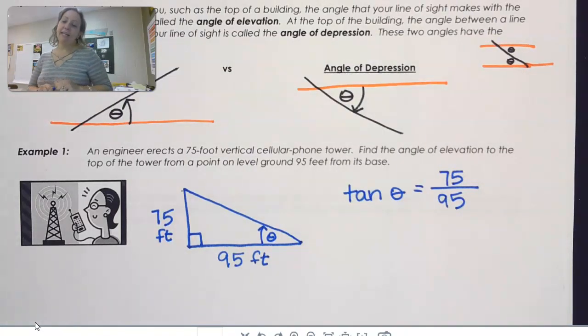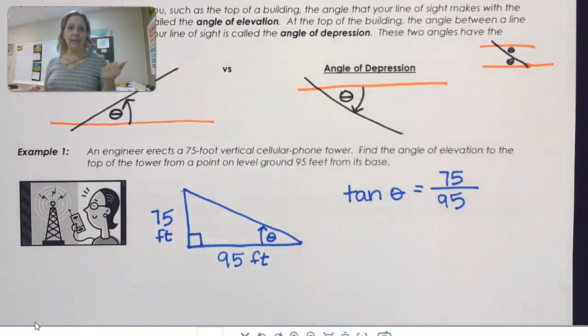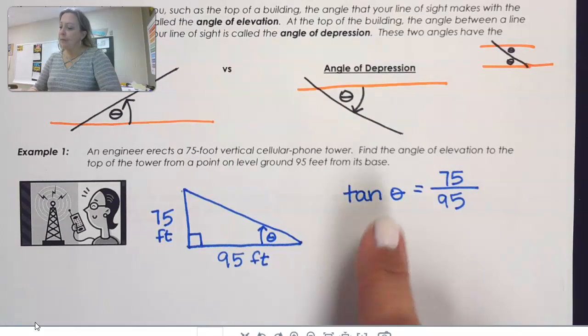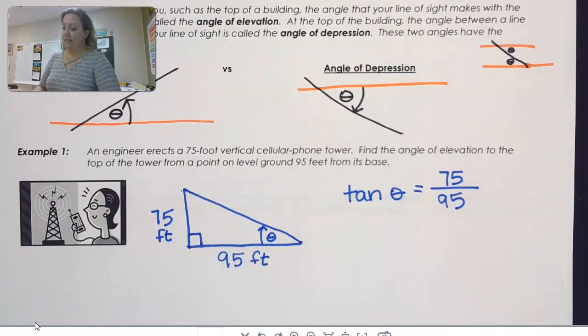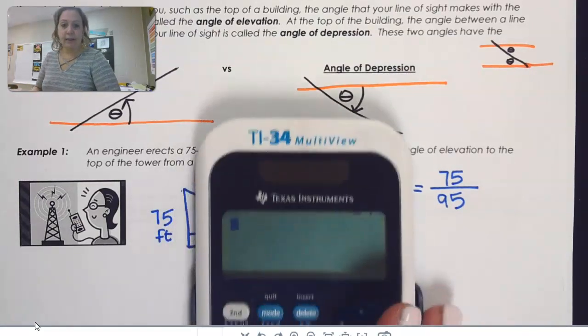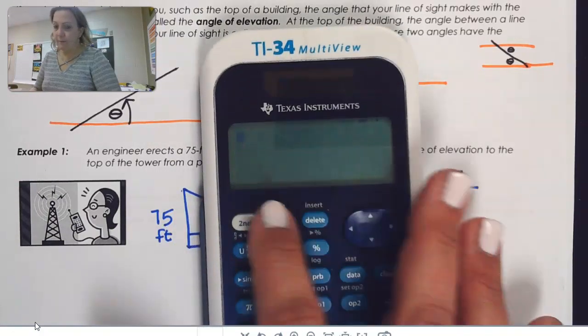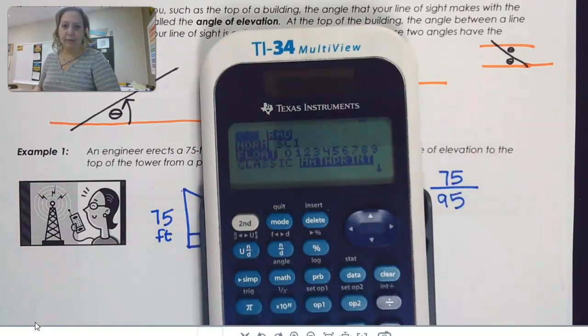Now, when we find the angle of elevation or angle of depression, I know that usually we had used radians when we use inverse trig. And if it's an inverse trig expression we're evaluating, we'll do that. But in general, we usually round these to the nearest hundredth of a degree. So in the mode in your calculator, make sure that we are in degree mode.